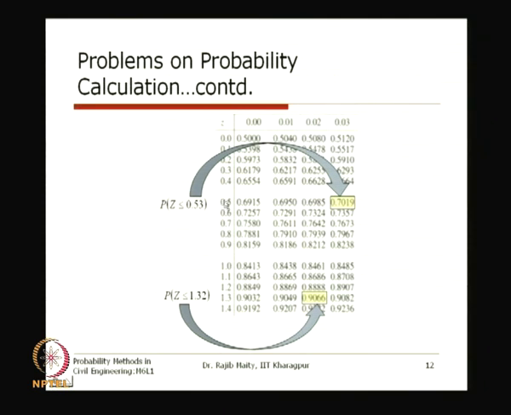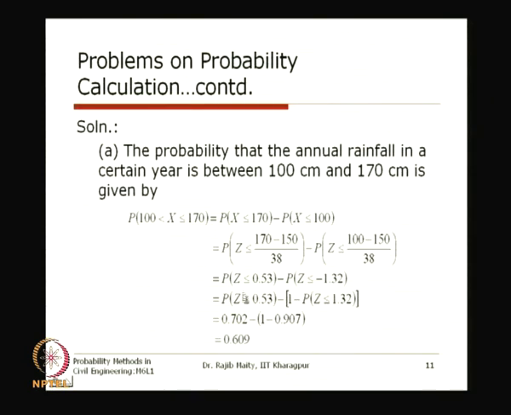So we go to 0.5 and then to 0.03. The value for this 0.53 is 0.70119. So probability Z less than or equal to 0.53 is equal to 0.702.